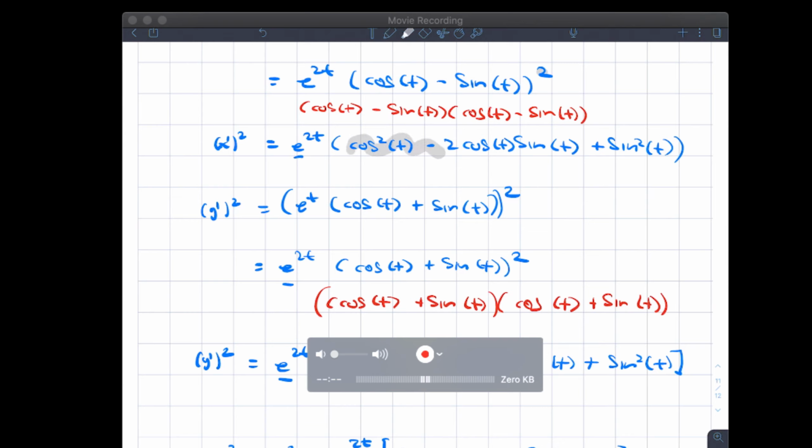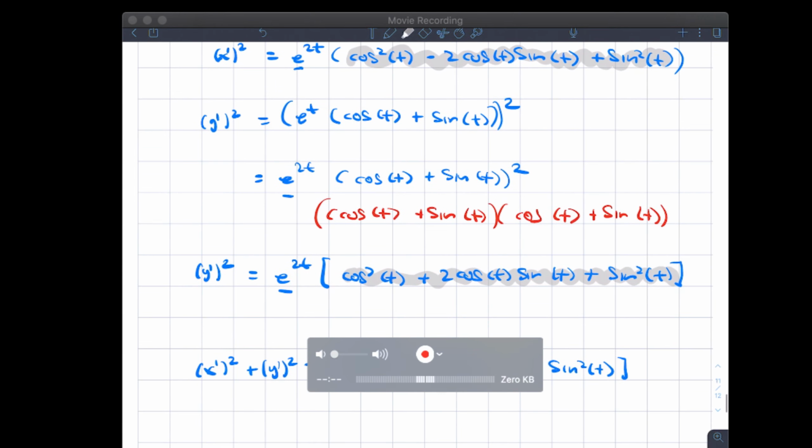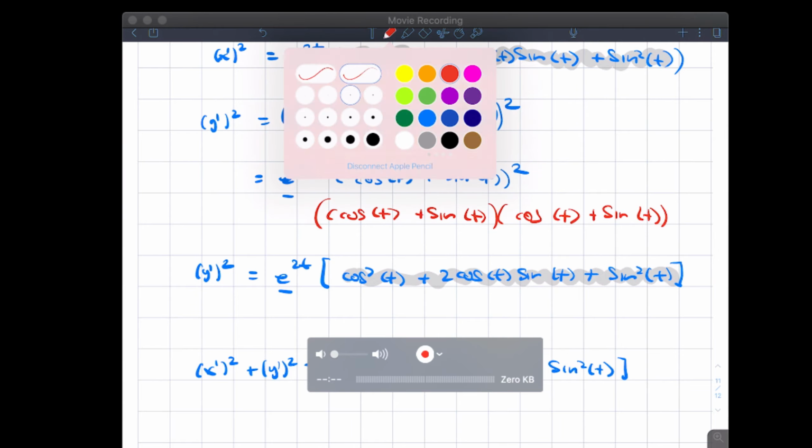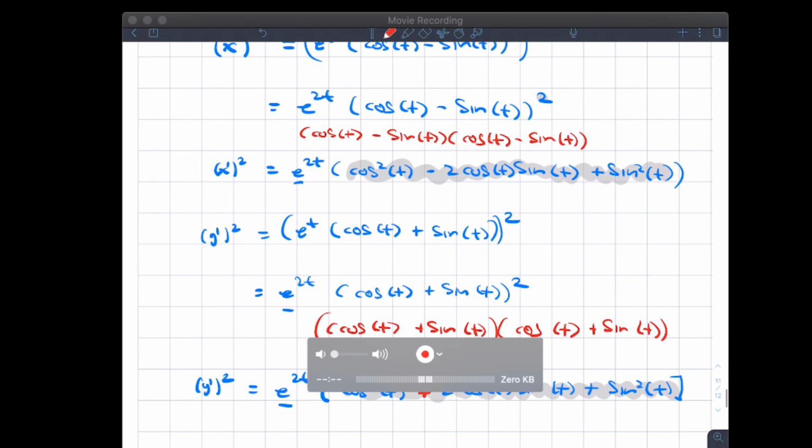You've got a cosine squared t minus 2 cosine sine plus sine squared t. You have here a cosine squared t plus 2 cosine t sine t plus sine squared t. So when you factor out the e to the 2t, you've got opposite signs here, right? This here is plus for the y prime, and for the x prime, it's minus. So that term goes away. That middle term goes away.